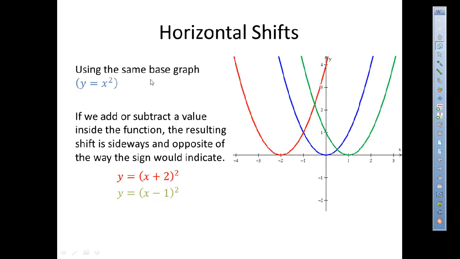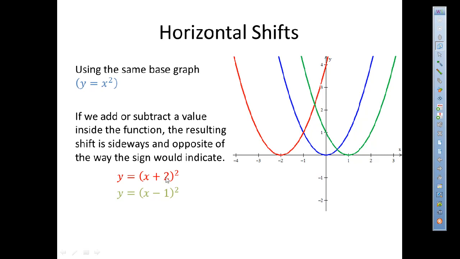Now, if we use the exact same base graph, y equals x squared, if we add or subtract a value inside of the function, then the resulting shift is sideways and opposite the way the sign would indicate. So here we have our base graph of the blue again, and the red is going to be x plus 2 quantity squared.